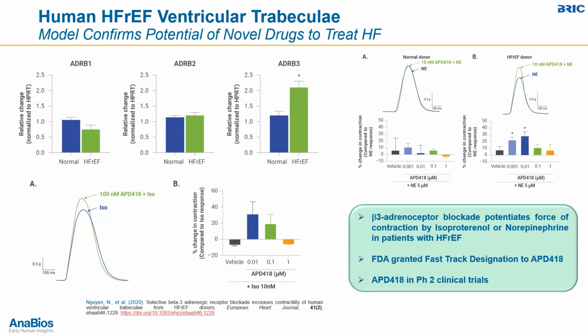And this is how we provided proof of concept data to Arena Pharmaceuticals that the compound has the potential to affect contractility in HFrEF patients, and now the compound is in phase 2 clinical trials.